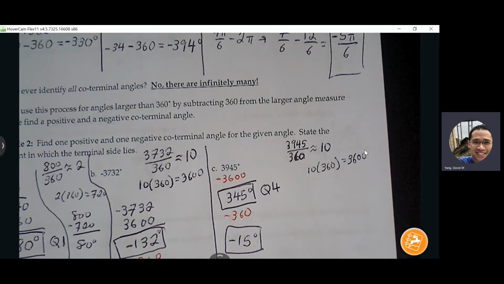It doesn't matter which one. It's the same, it's just that we want to get to something between 0 and 360. Otherwise, it'll be hard to know which quadrant. Okay.